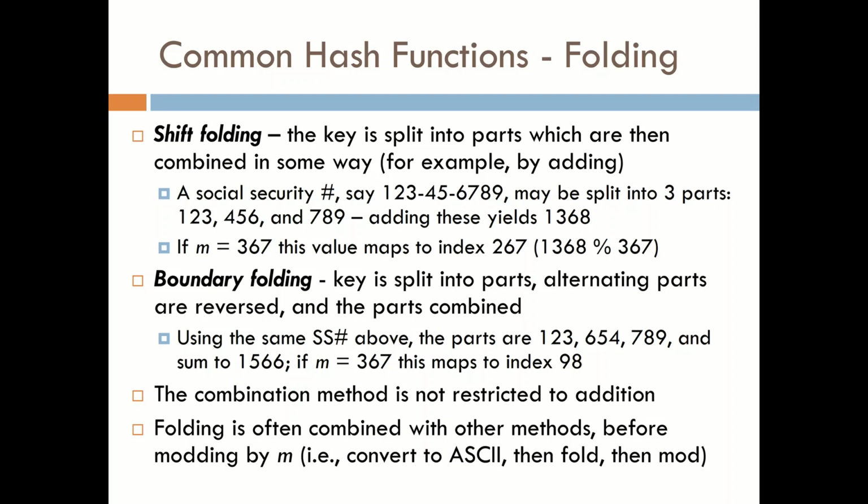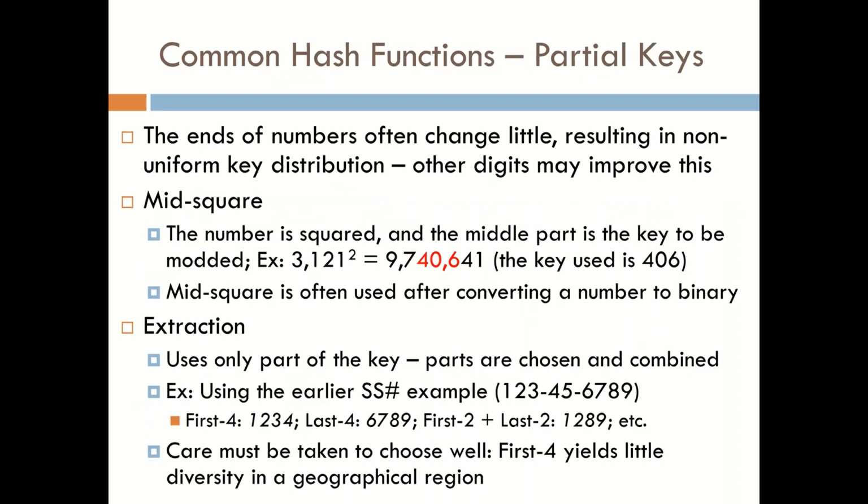And so we will often combine with other methods. Folding, for instance, can be combined: convert everything to ASCII, then fold, and then mod. So there are some different methods going on there. We're combining everything together and coming up with a location to store the data.